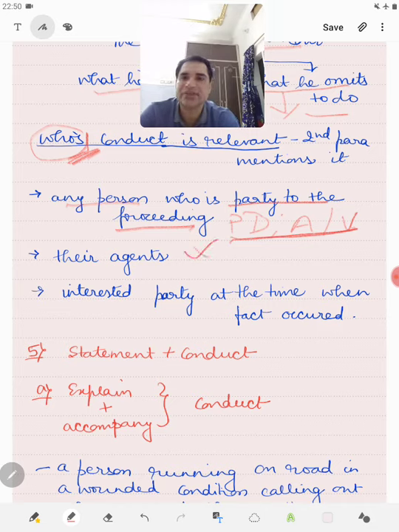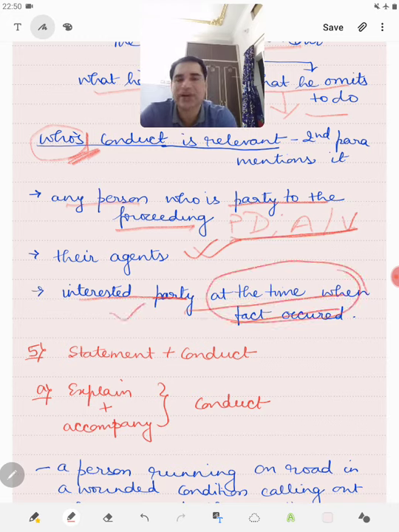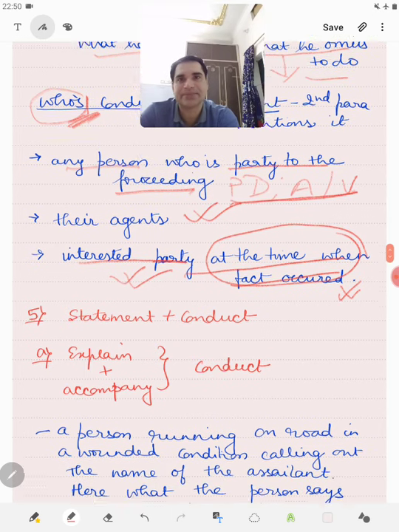Then the agent of the parties and interested parties at the time when the fact occurred. It is not that the conduct of interested parties will be relevant at any time. Only those conducts which were at the time when the fact occurred will be relevant under section 8.